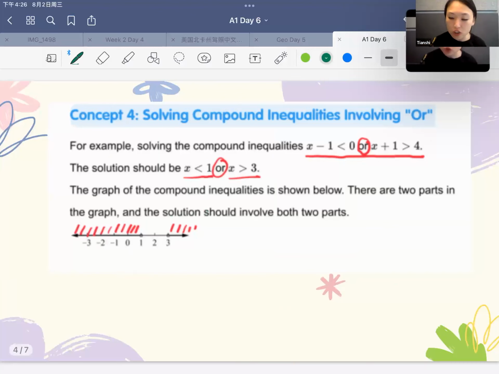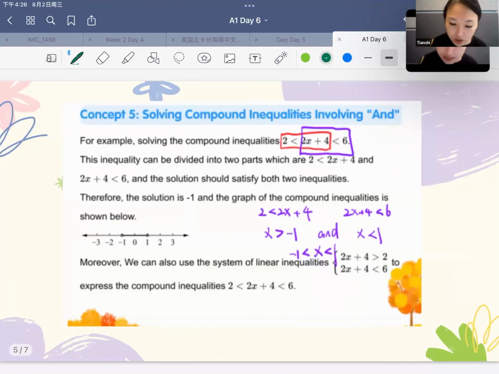But for the situation involving "and", it means that the inequality needs to meet both conditions. So for example, if we have the compound inequality, 2 is smaller than 2x plus 4, but less than 6, then actually we have two conditions.